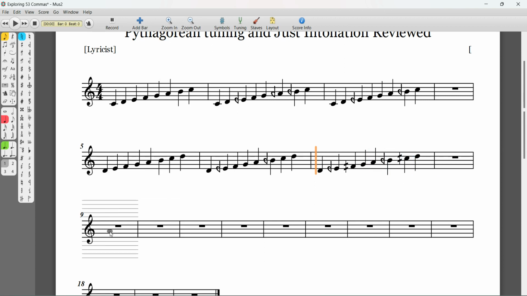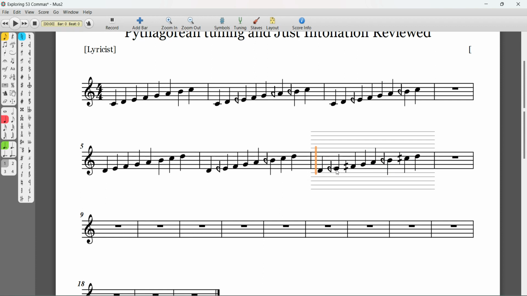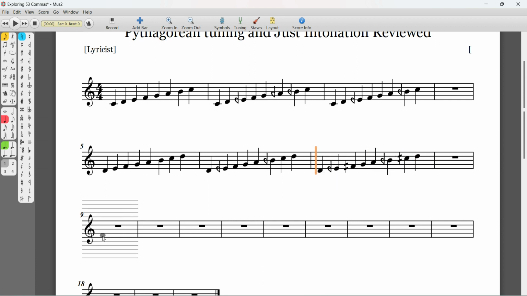Or otherwise we can just basically discard this minor whole tone and just get the Pythagorean major tone.